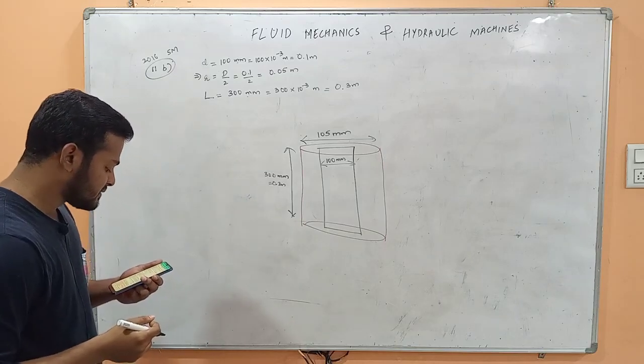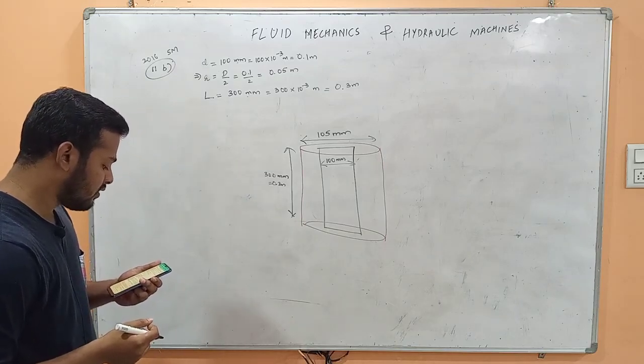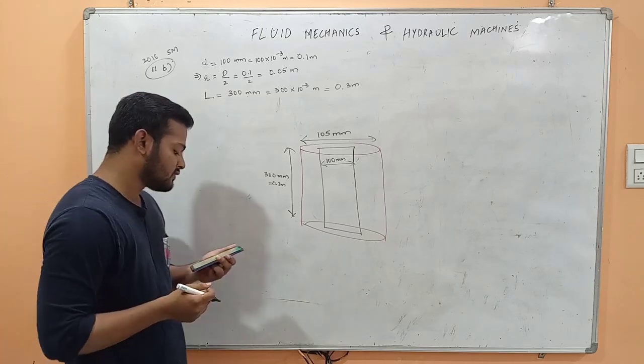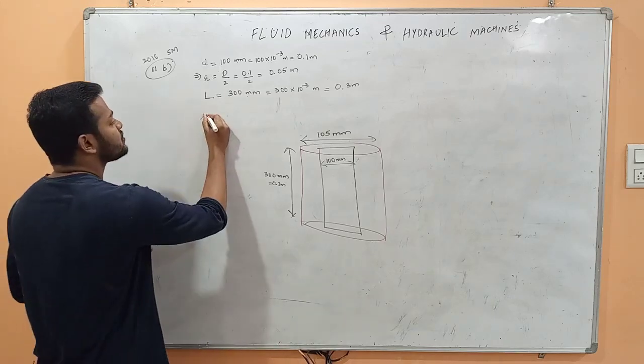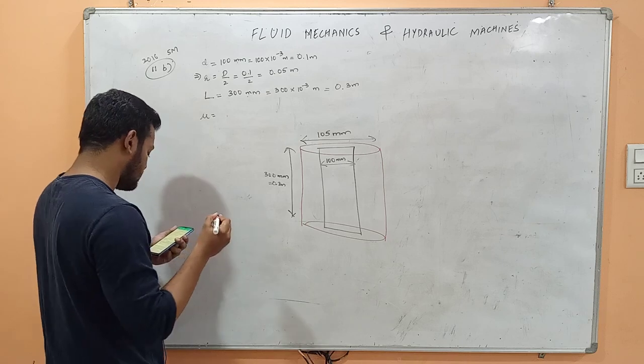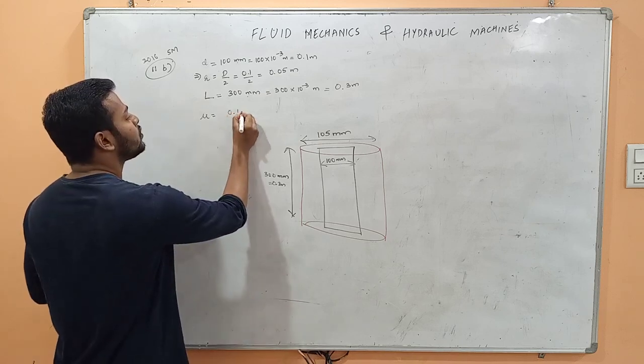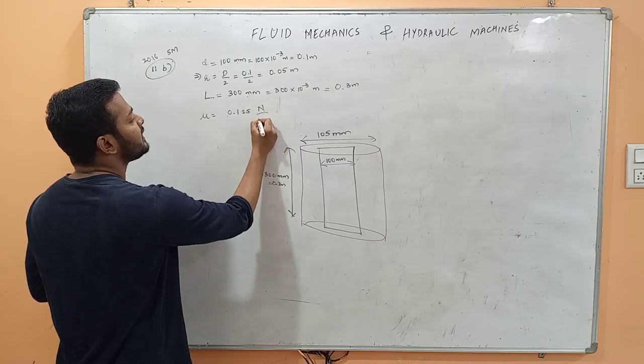Next, the space between the cylinders is filled with oil, a liquid of dynamic viscosity. The dynamic viscosity of that oil is given as 0.125 Newton second per meter square.